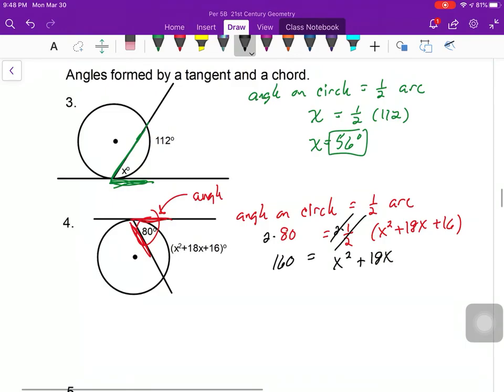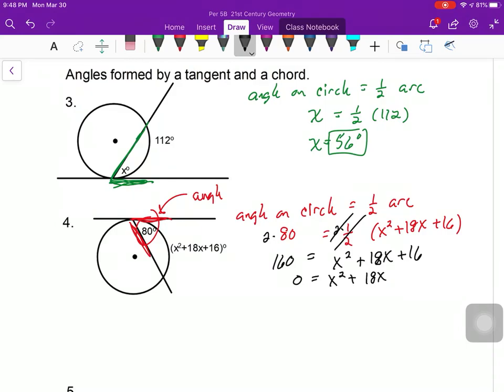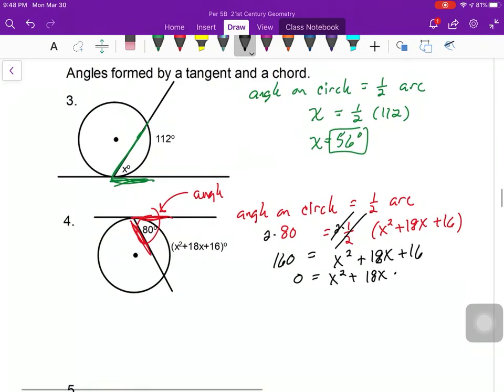So 160 equals x squared plus 18x plus 16. That's a quadratic equation. So we need to move everything over to one side, so we'll subtract 160. X squared plus 18x, and then 16 minus 160 gives us negative 144.